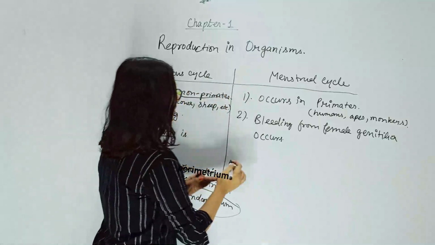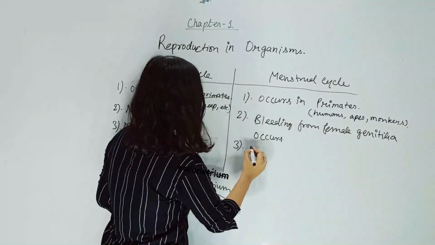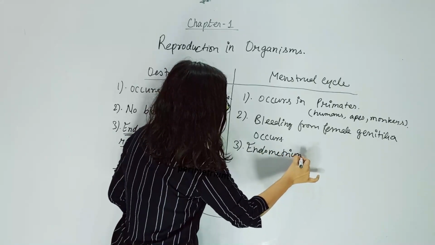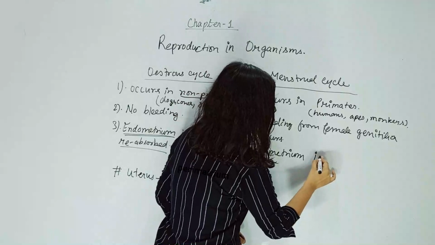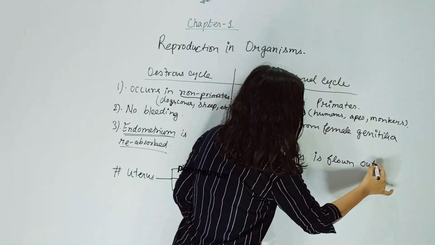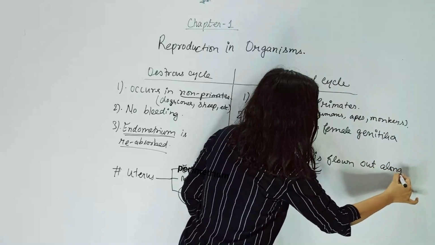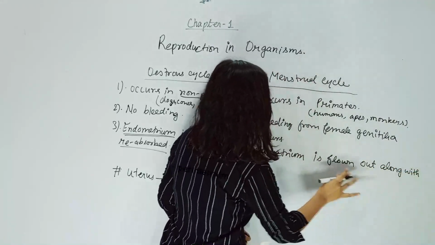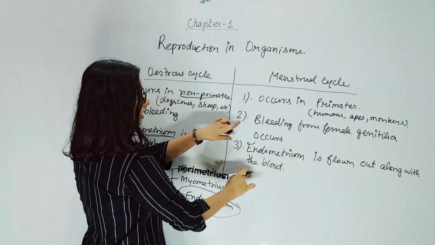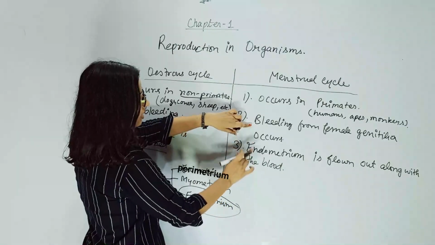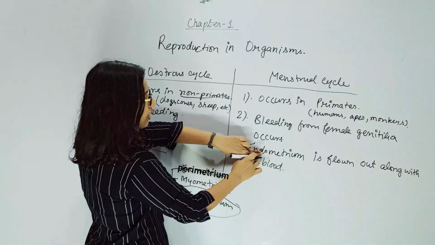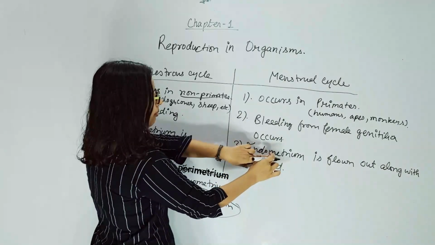Now let's see what happens to the endometrium in case of the menstrual cycle. The endometrium is flown out along with the blood. In the earlier points you have seen that there is bleeding in the menstrual cycle. This bleeding also carries the broken part of the endometrium.